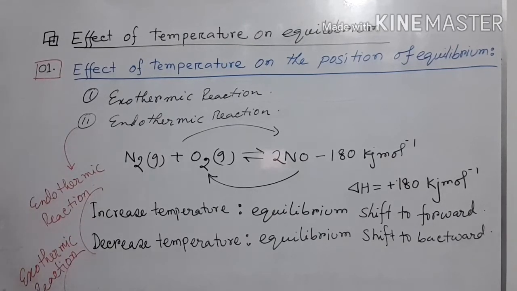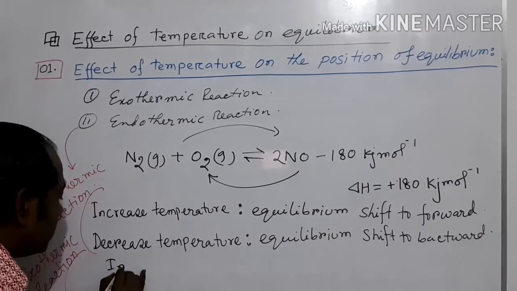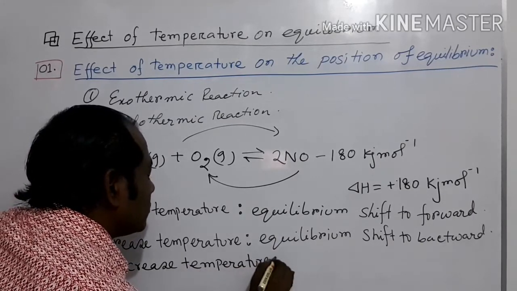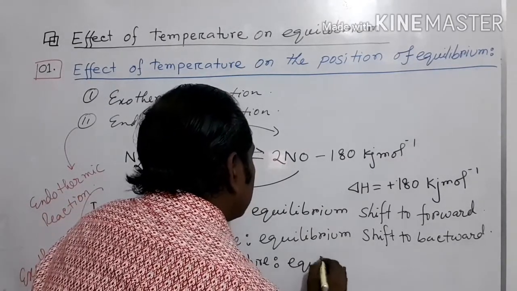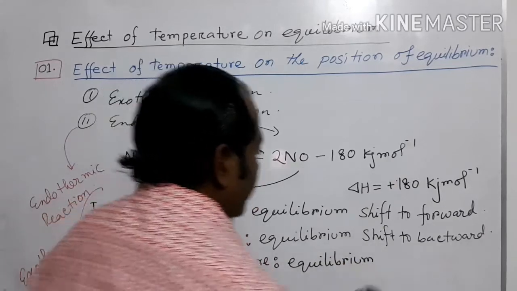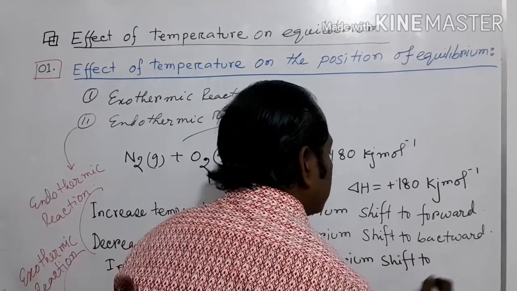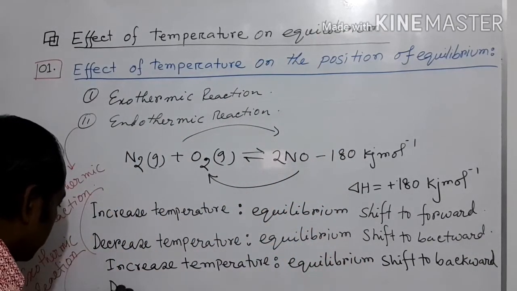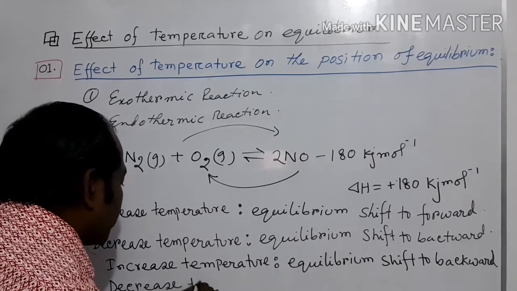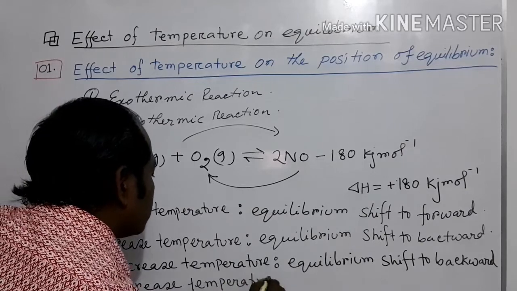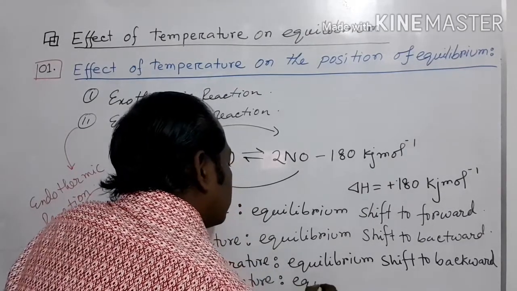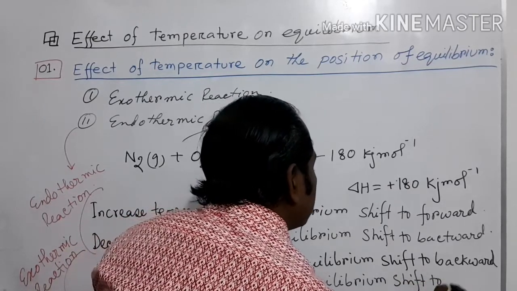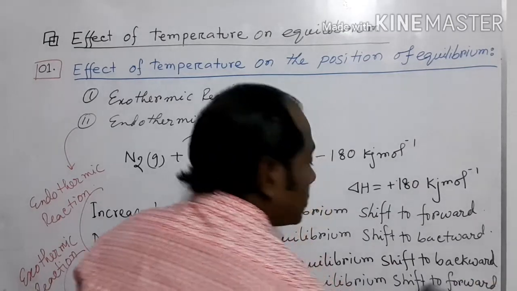And for exothermic reaction, increase temperature, equilibrium shifts to backward, decrease temperature, equilibrium shifts to forward.